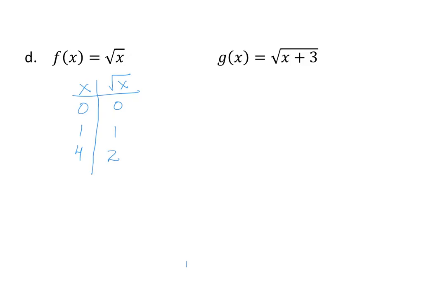All right, we have inside our function, notice this time my plus 3 is underneath the square root, which means it is inside the function. It is going to be a horizontal shift.